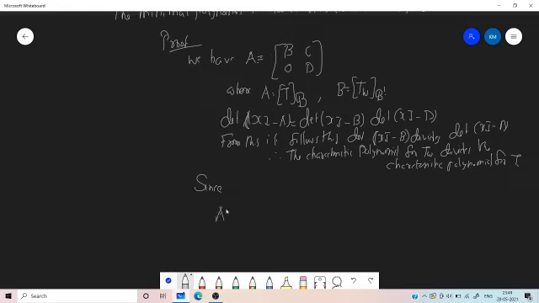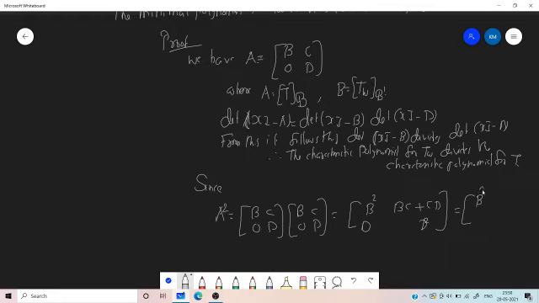A square equal to BC0D into BC0D, that is equal to B square, BC plus CD, BD 0, next D square, that can be written as B square C2 0 D square.